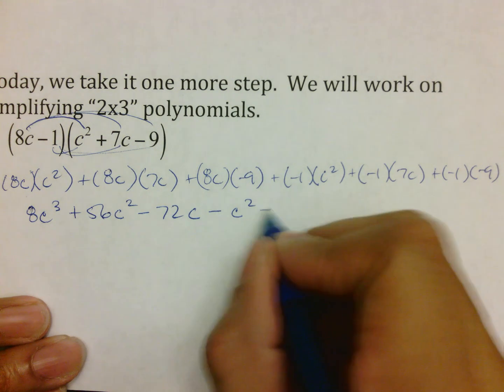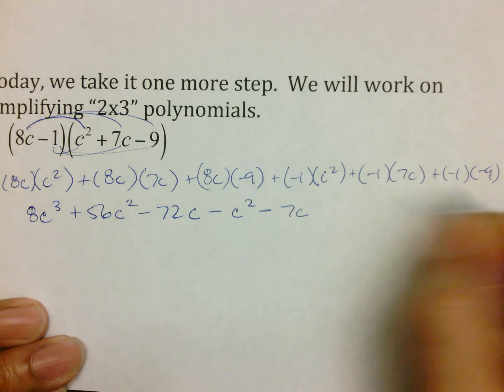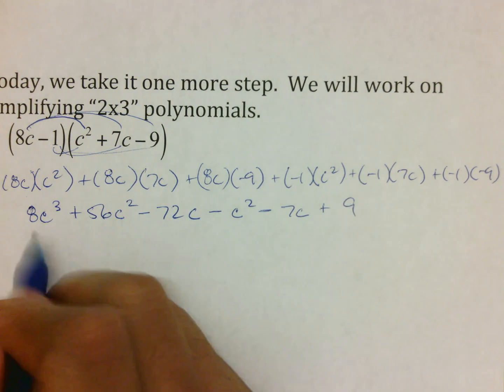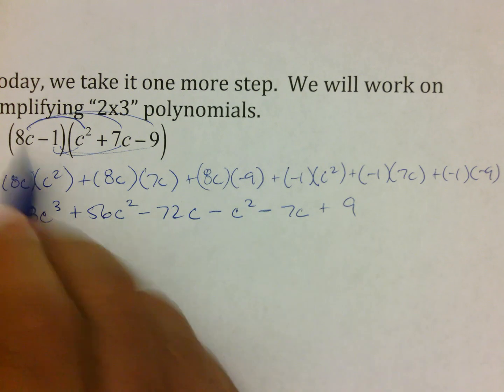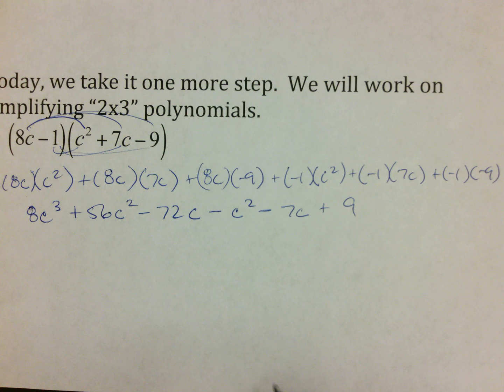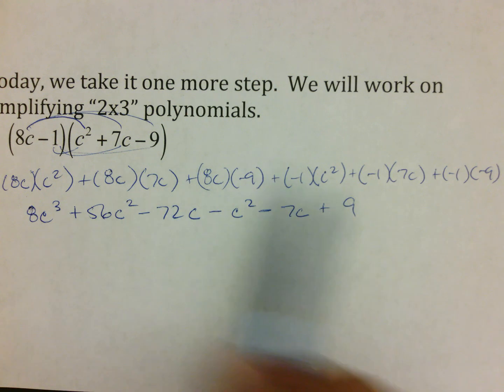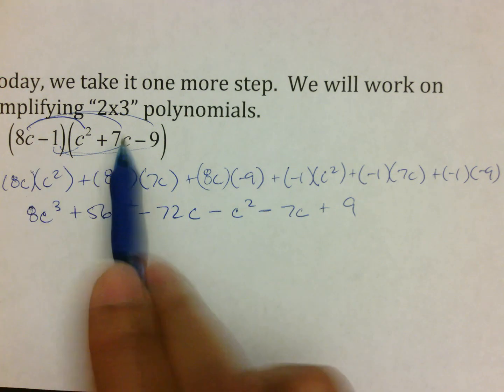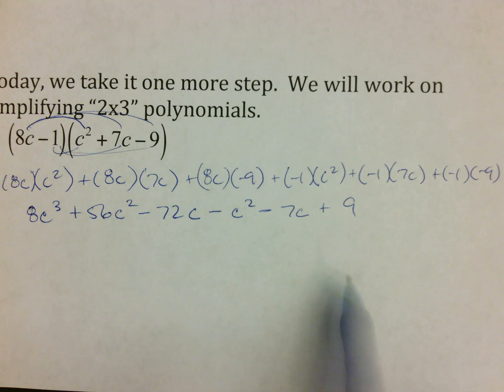Here we have a negative number 7 with a c, and here we have a positive 9. Should be 1, 2, 3, 4, 5, 6 numbers, because 2 by 3 should make 6 handshakes, 6 meetings. Again, if you want to know the number of meetings you should have, however many are here times however many are there should give you the number of shakes you have. If you were doing a 3 by 3, it should be 9 things going.